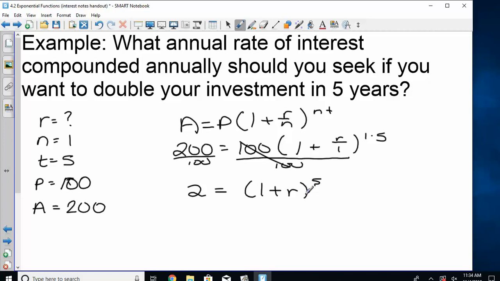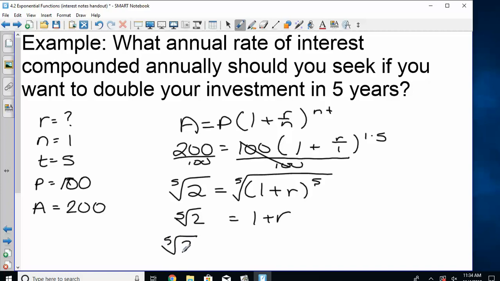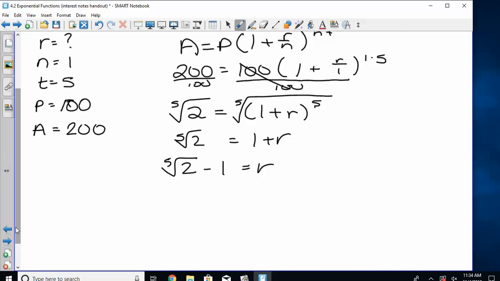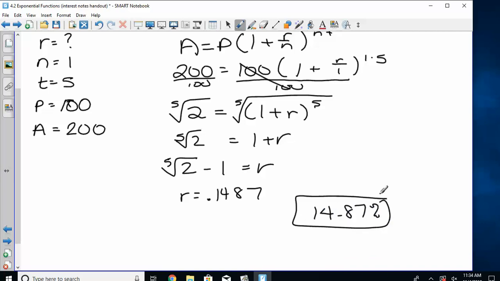How do we get rid of a 5th power? So I would need an interest rate of 14.87%.